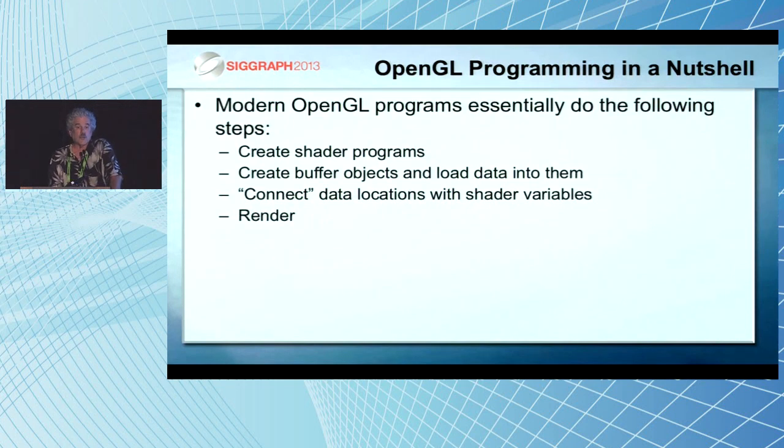Okay, so in OpenGL, as we said, you have steps that you have to take. You have to create these three programs, the application and the two shaders, and if you go on to more advanced things, you're going to be writing a tessellation shader and perhaps a geometry shader, but minimally these three programs. We create what are called buffer objects that involve taking the data that's defined.